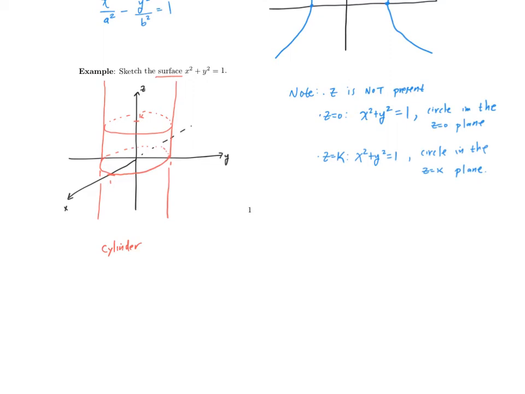And what we've actually introduced here is a method that we are going to use for sketching surfaces that we will refer to as the method of traces. So these equations are what we call traces.